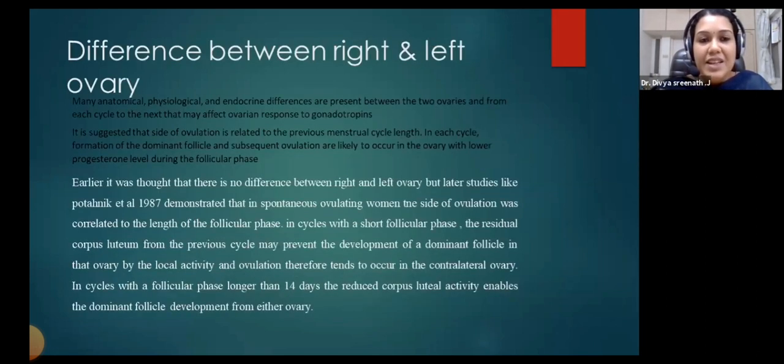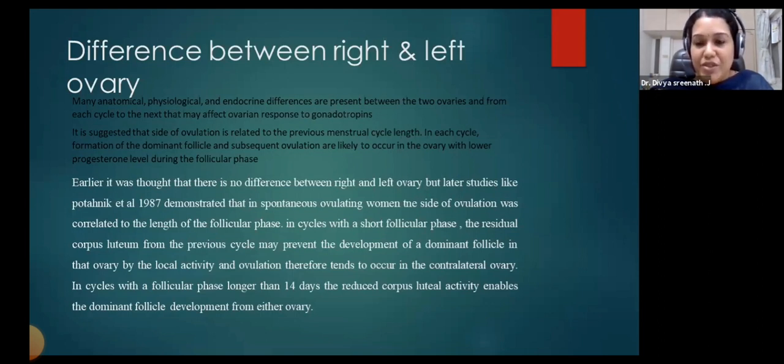Anatomically there is some difference between the right and left ovary, and the right ovary responds more to the gonadotrophic hormone. The gonadotrophin releasing hormone is secreted from the hypothalamus and stimulates the pituitary gland to secrete FSH. This FSH stimulates the ovary to produce ovarian hormones like estrogen and progesterone, in the menstrual cycle: the follicular phase, ovulation, luteal phase.